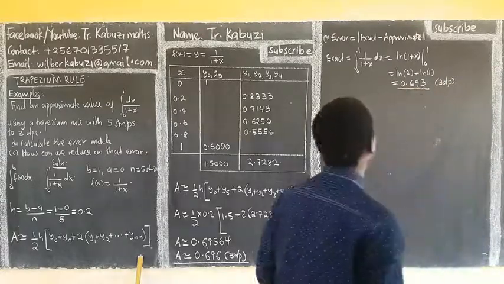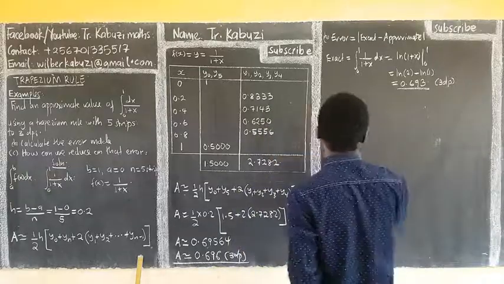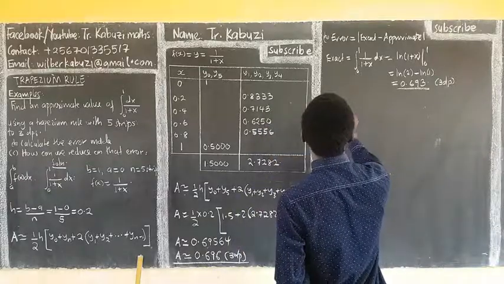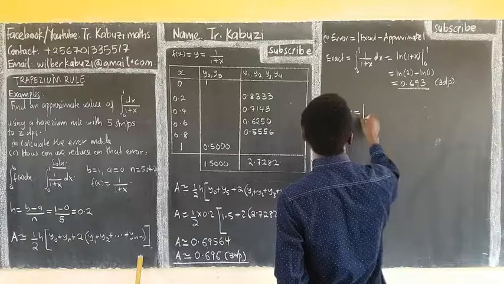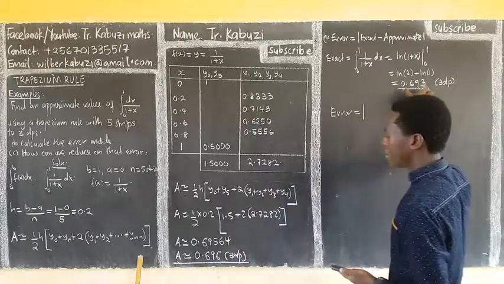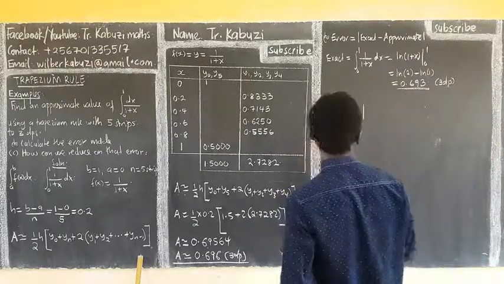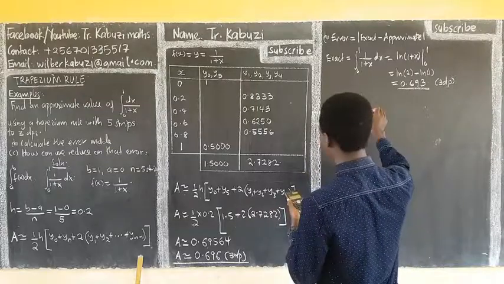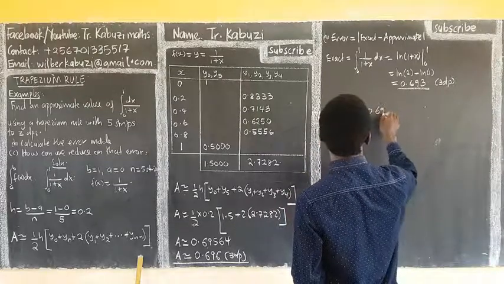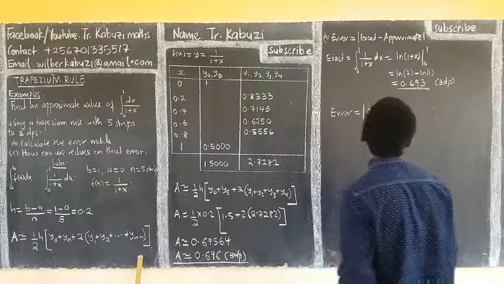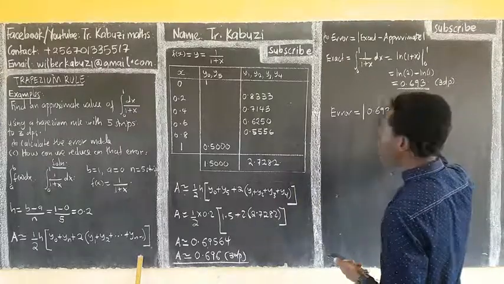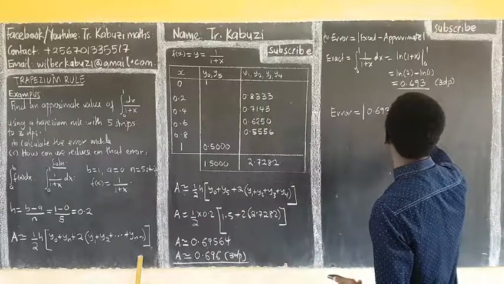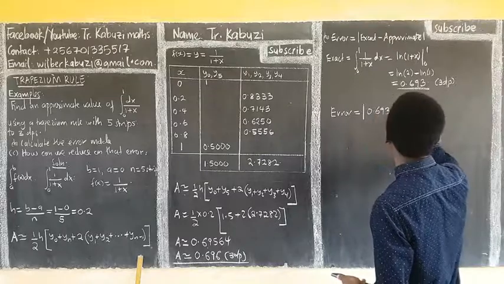Now after that, I come and calculate my error. So the error will be the modulus of the exact value, which is 0.693, minus the approximate value, which is 0.696.